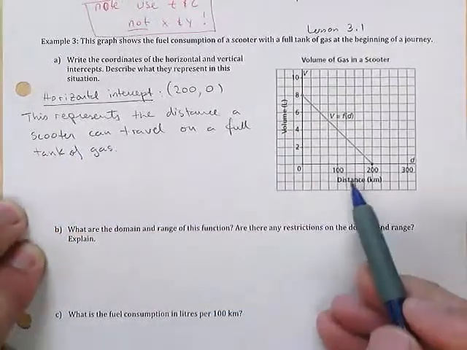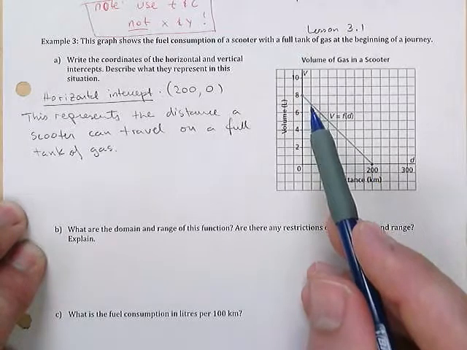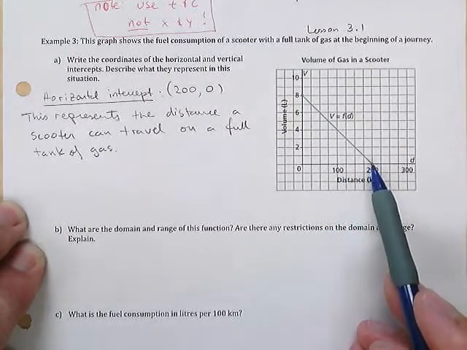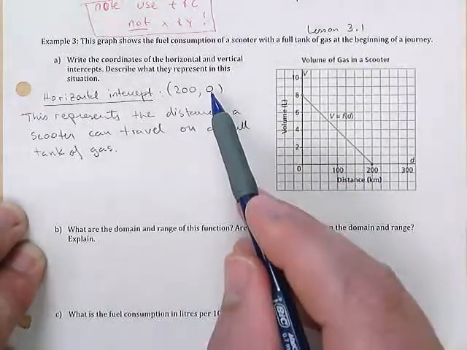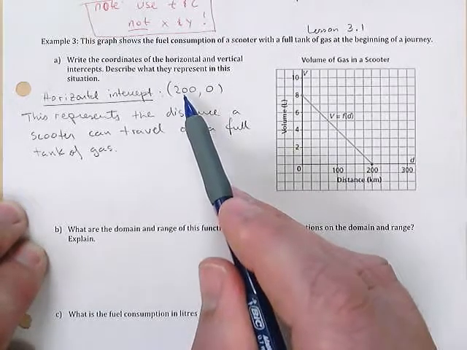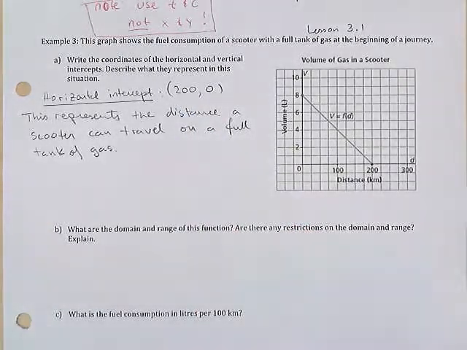Okay, that's what that represents. 200, like if you have a full tank and the volume of the gas goes down, right? At this point, you have no more gas left. And your distance at that point is 200 kilometers. So you would be able to travel 200 kilometers on a full tank of gas. Or I would also accept that when the gas tank is empty, you will have driven 200 kilometers or something like that.